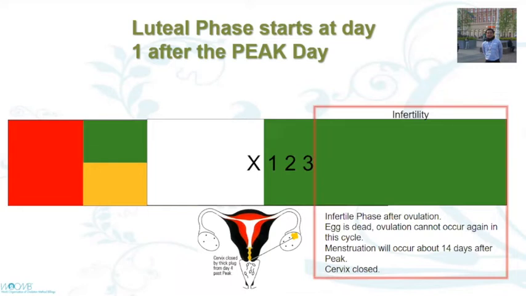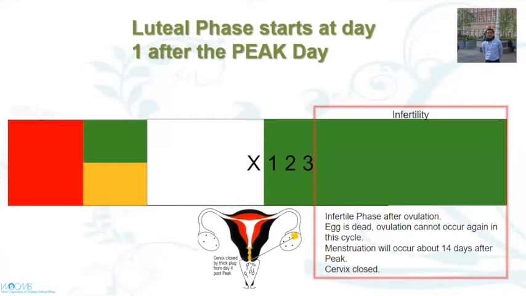If the woman does not experience a peak day, automatically there will be no luteal phase, because the luteal phase can only exist if mucus develops from a sticky sensation ending with a slippery sensation. There is a peak.